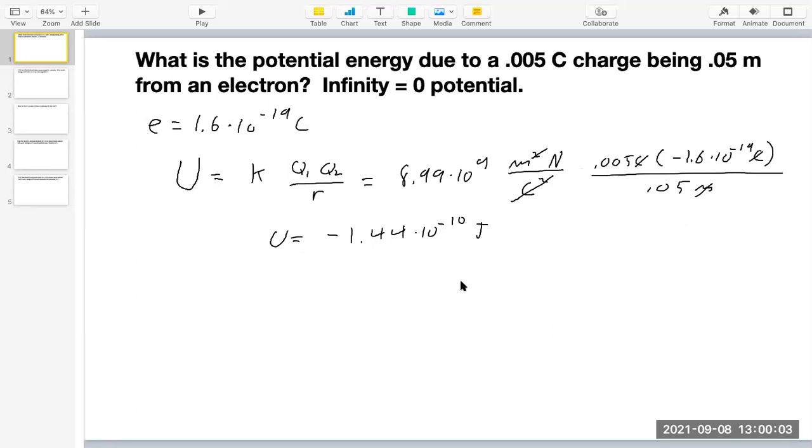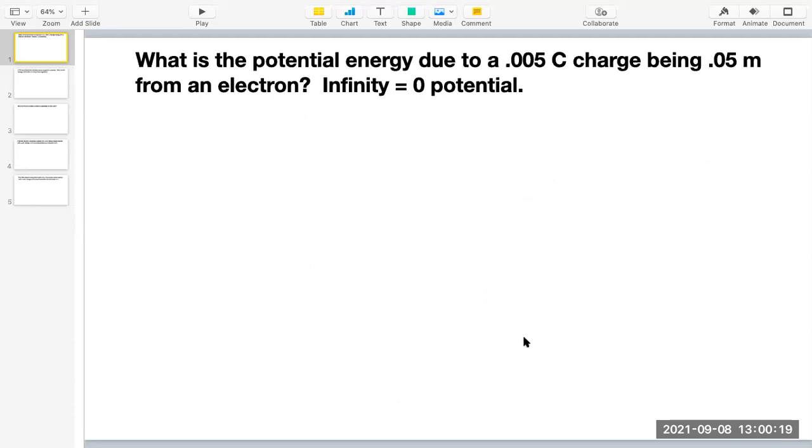Just an electron, not a lot of charge there. An electron is negative the elementary charge, correct?